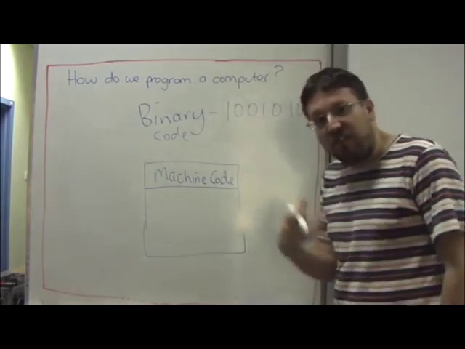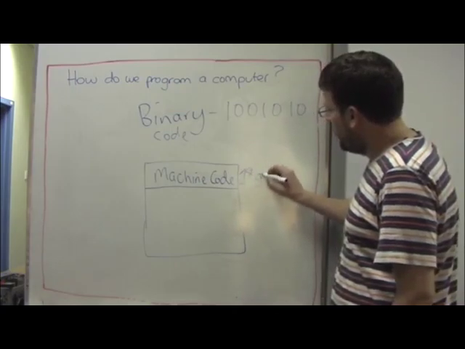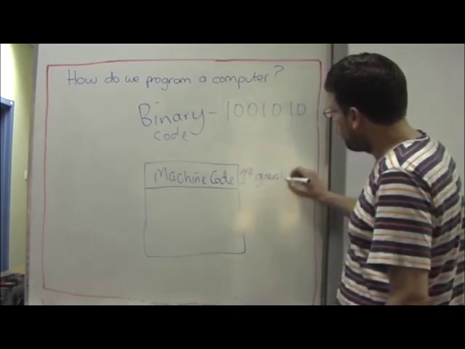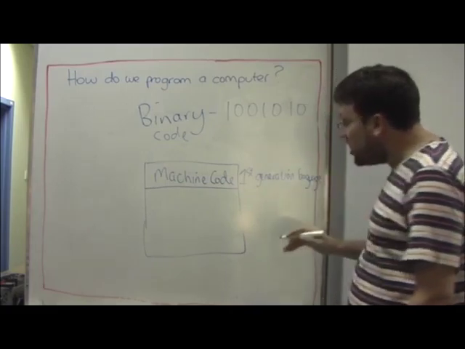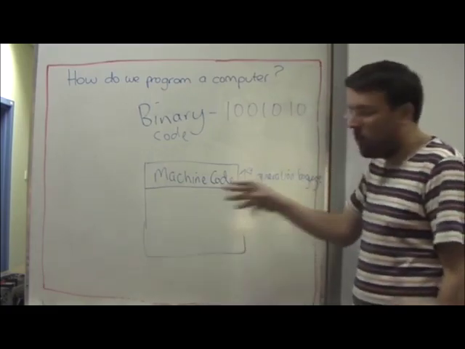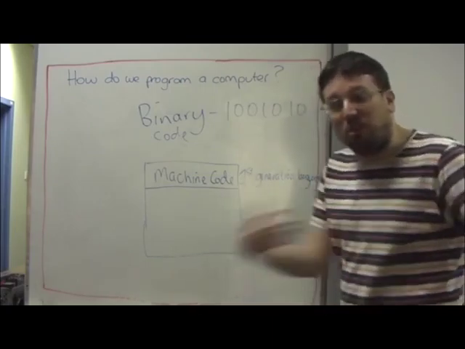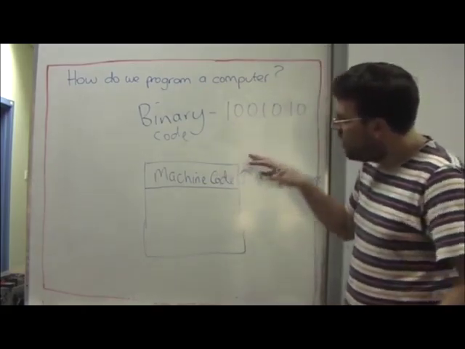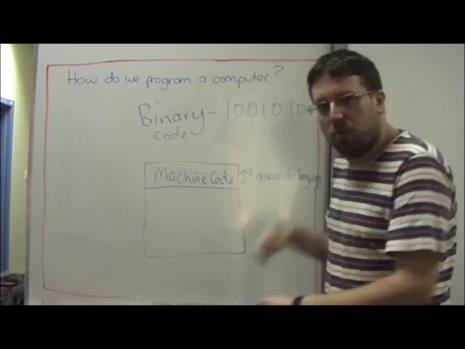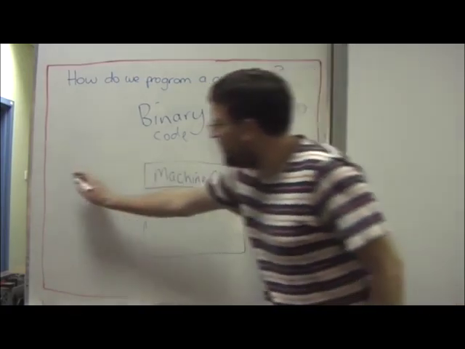We say that this is a first generation language. Machine code is just the ones and zeros that you can use to directly program your processor. If you're writing in machine code, you're writing instructions that your processor can understand.